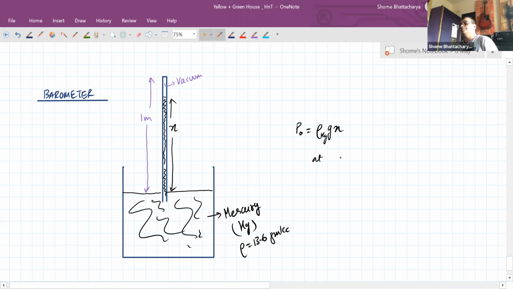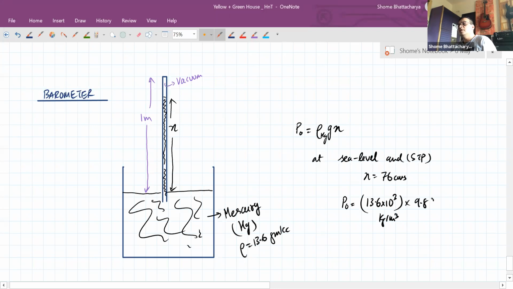So at sea level and STP, X comes out to be 76 centimeters. So atmospheric pressure comes out to be 13.6 into 10 raised to 3 kilogram per meter cube into 9.8 meters per second square into 0.76 meters.